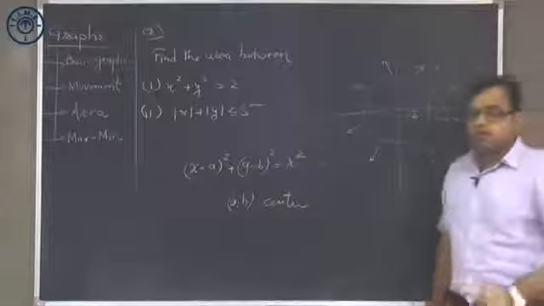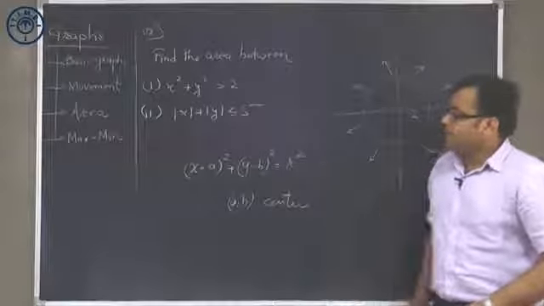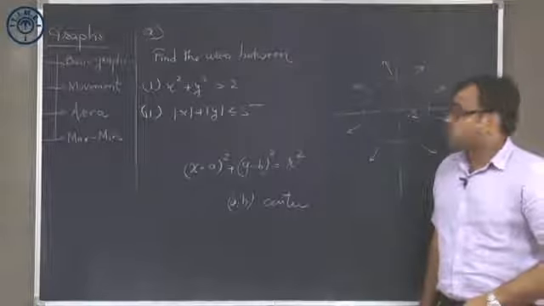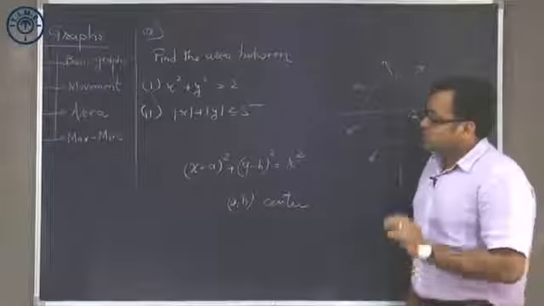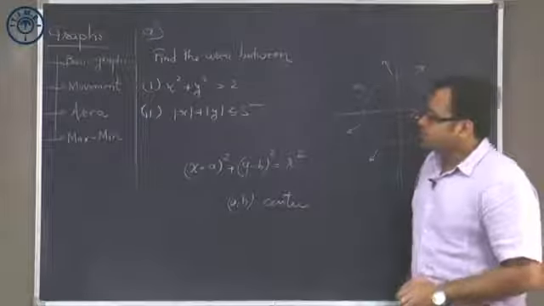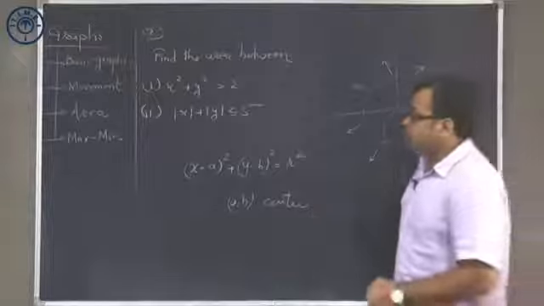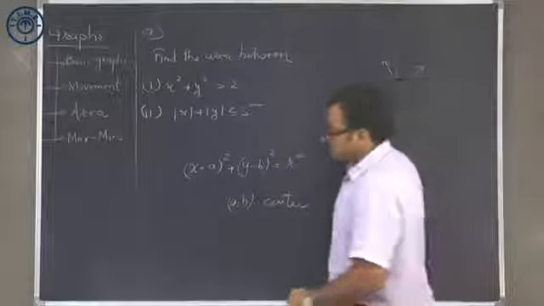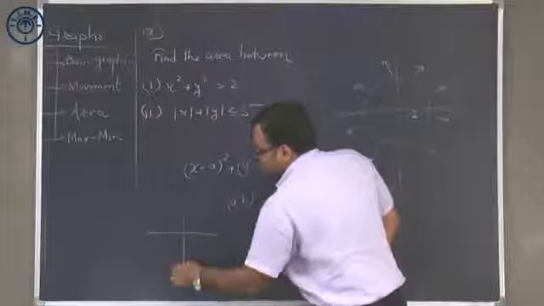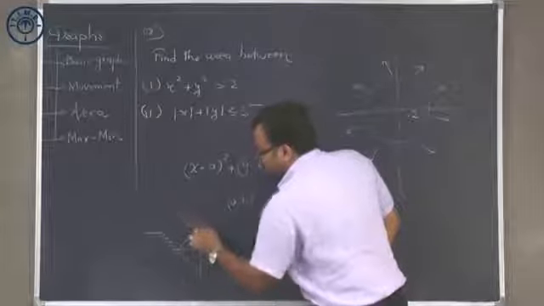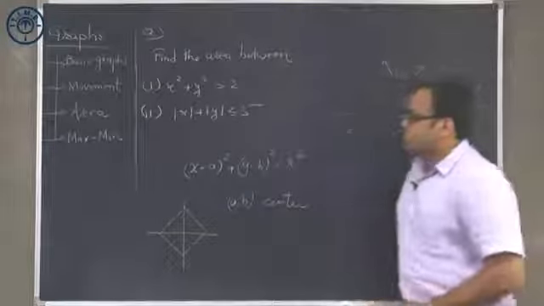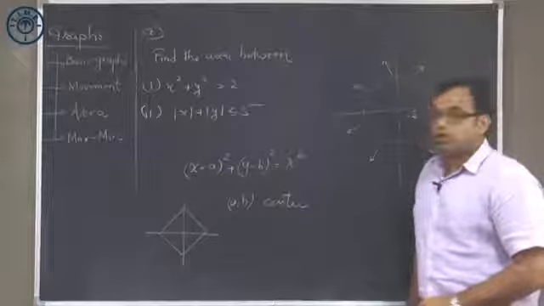So that is one sorted. Second part, mod of x plus mod of y is less than or equal to 5. This is again a very important part. The general form of the graph of mod of x plus mod of y is less than or equal to something is like this. This is the graph of mod of x plus mod of y is equal to k.